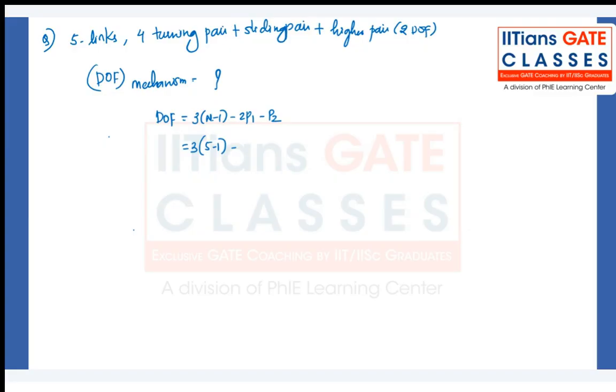Number of pairs with 1 degree of freedom are 5. Number of pairs with a 2 degree of freedom is 1. So 12 minus 10 minus 1, which is equal to 1. Okay, so degree of freedom is 1.